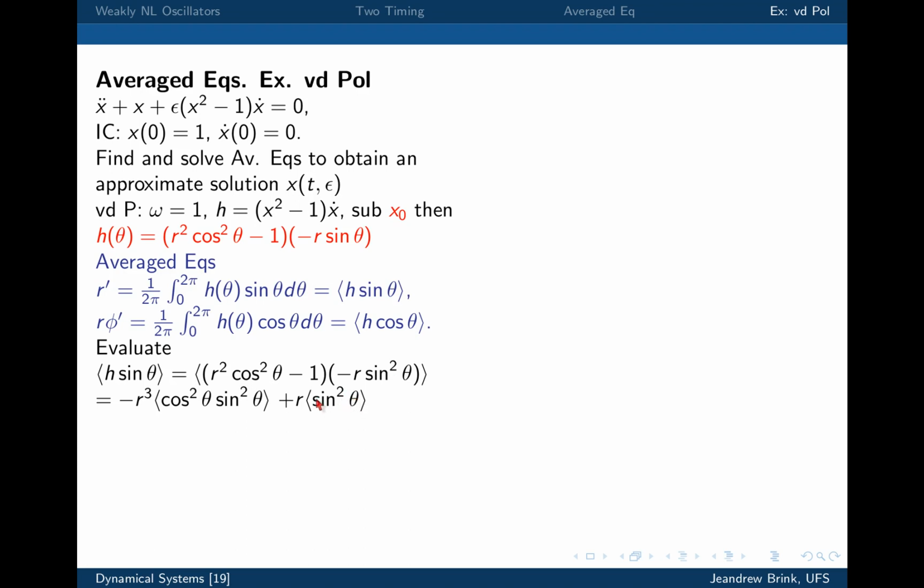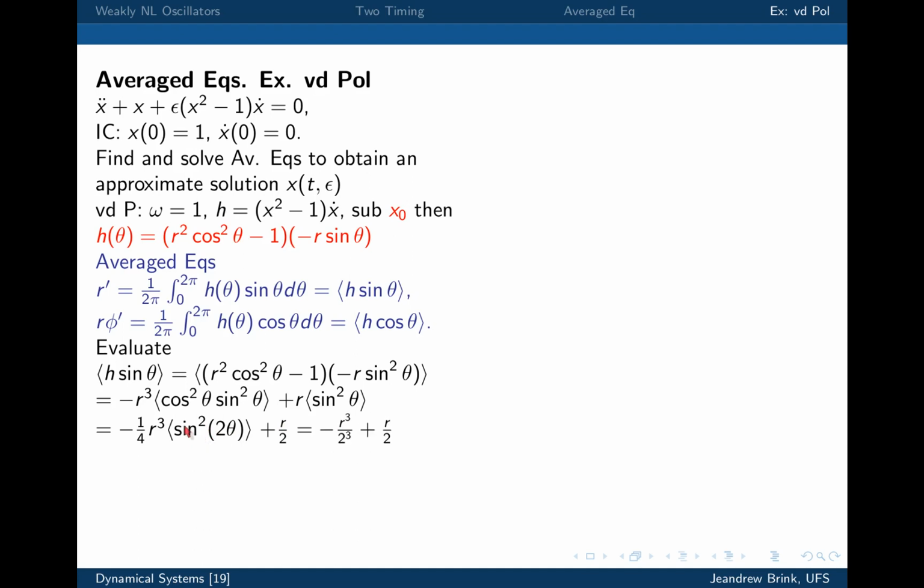And the integral from 0 to 2 pi of sine squared theta is a half. This thing you can also write as sine squared of 2 theta, so it's once again just to work out the integral. Plus r over 2. This thing is also a half, right?